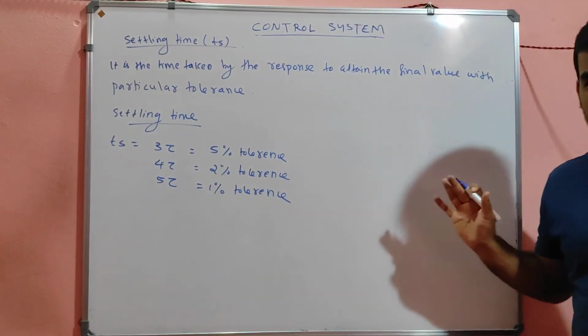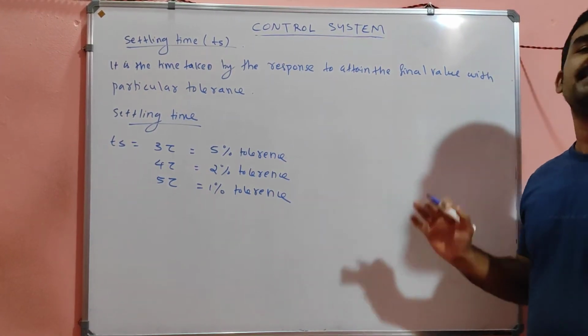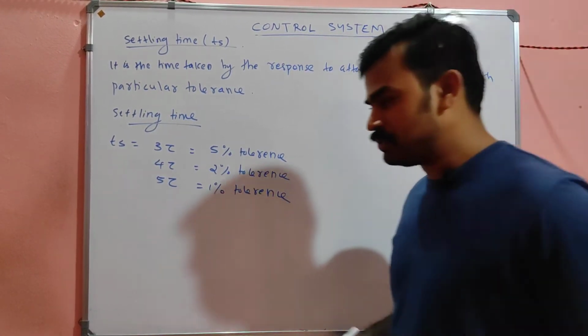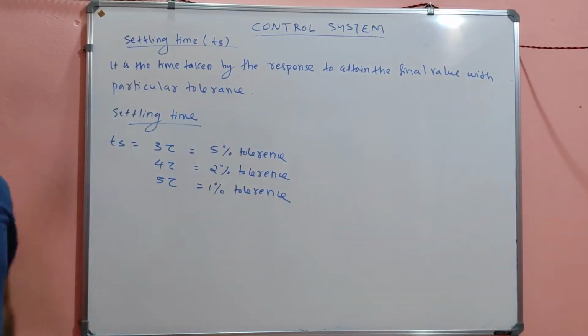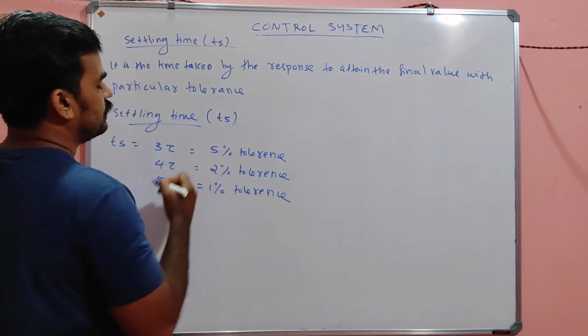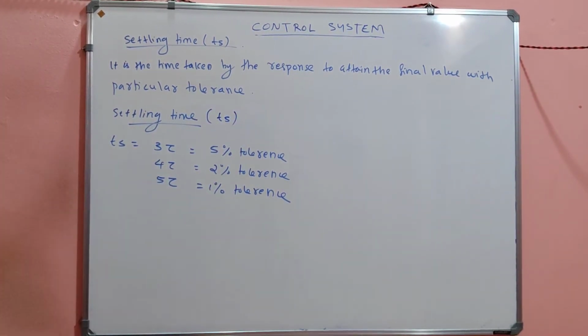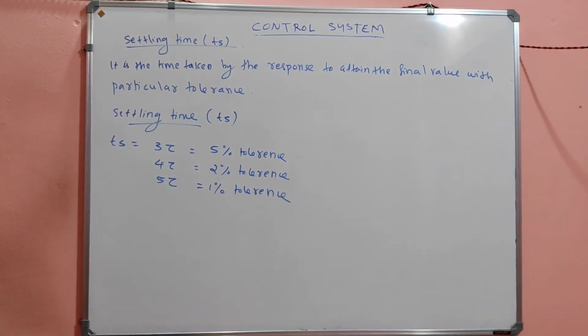Then it will be more clear, my dears. There is a limitation for taking second order now, so just note it down. I will take the second order system, then it will be more and more clear to you. Okay, just listen: TS will be 3 tau, 4 tau or 5 tau for 5%, 2% and 1% tolerance respectively.